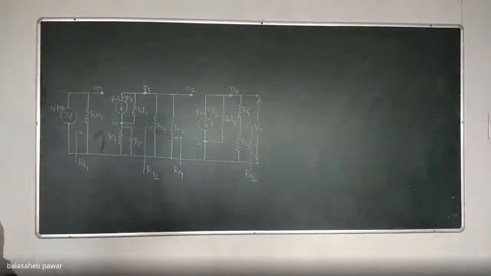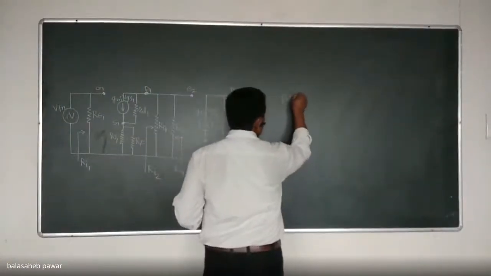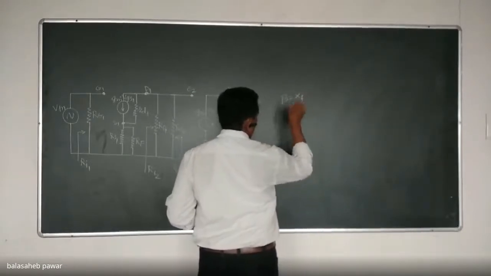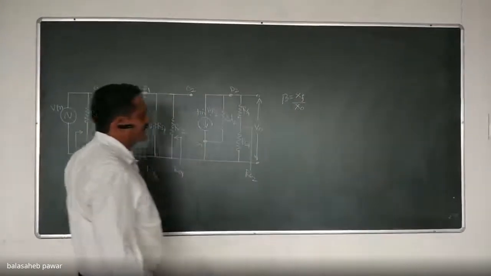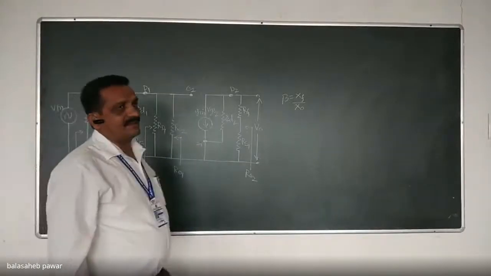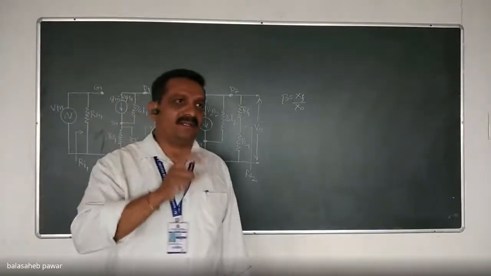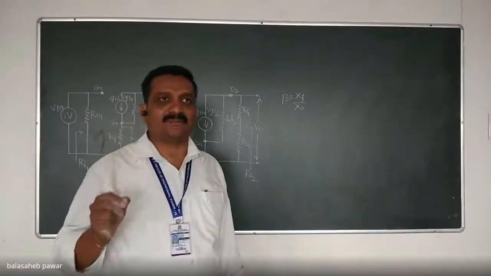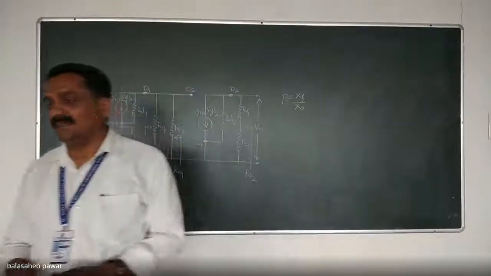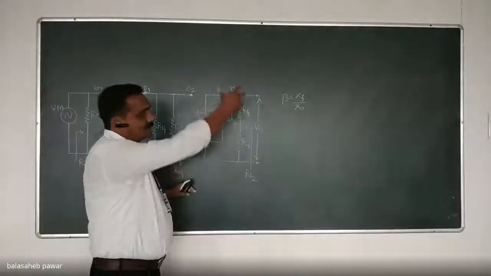What is beta? Beta is nothing but XF divided by XO, the feedback signal divided by the output signal. Beta factor is the output of that feedback network divided by its input. What is the input of the feedback network? In this diagram, the input to that feedback network is nothing but the output of that amplifier.